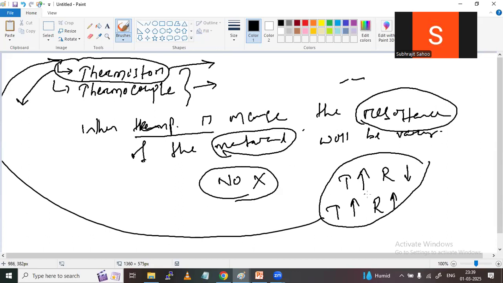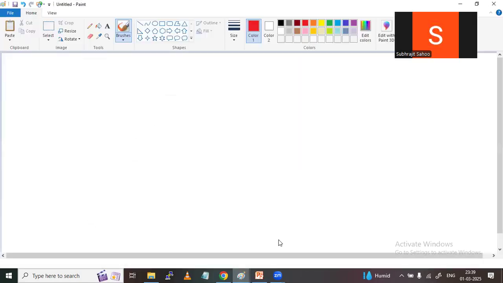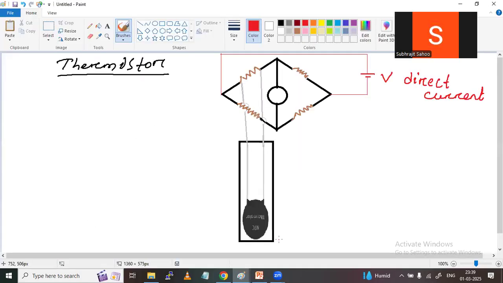Now I will tell the thermistor construction. Very beautiful construction. Observe here carefully. As I told, we will take a Wheatstone bridge circuit for measurement, for the measurement of current deflections. This is a galvanometer, and this is the thermistor here.